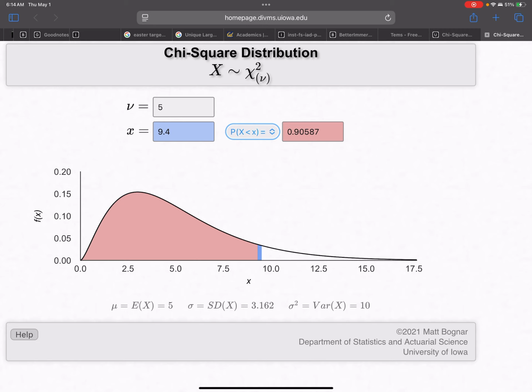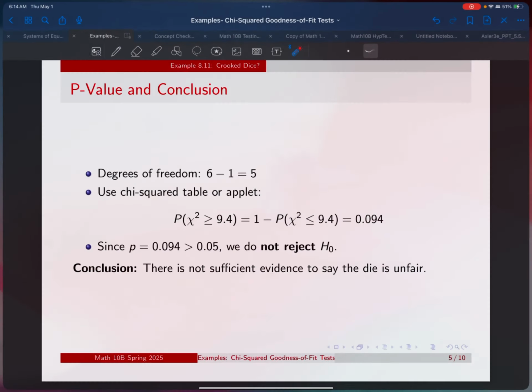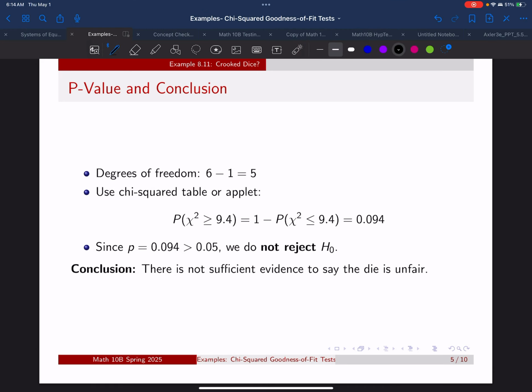Remember, that's the golden rule, one of the 2 requirements for any distribution. Okay, so the probability that you would get a distribution as extreme or more than the one we got, assuming that the die is fair, is about 9.4%. Okay, which is what we get here.